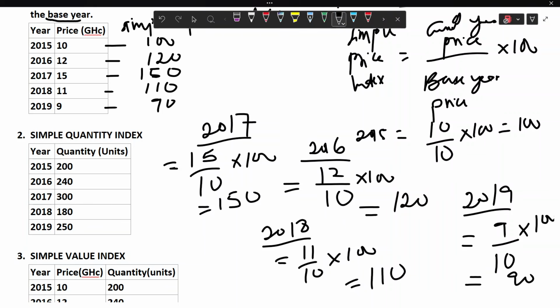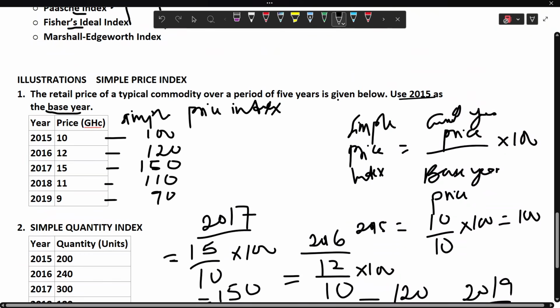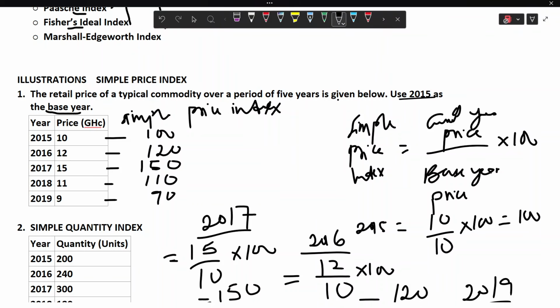Okay, so now how are we going to interpret this price index with respect to the reference period? That's the base year. If you use 2016 and 2015, you can see that price rose by 20%. Then for 2017 and 2015, you can also see that price rose by 50%.